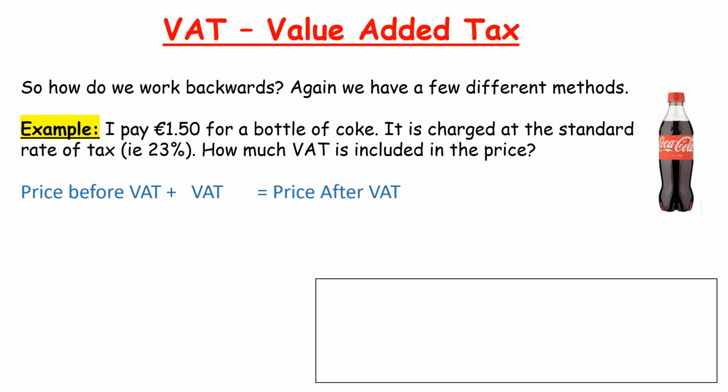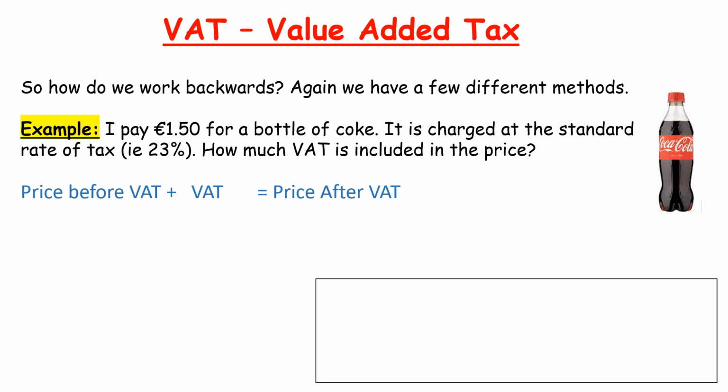Now that might sound a little bit tricky or confusing, but what we're actually saying when we say price before VAT, it's the smaller amount. It's the amount before the VAT was added on, so it was the price that doesn't include VAT. The VAT is then a percentage of that price before VAT, and then we have the price after VAT, which is the price after the VAT has been added on.